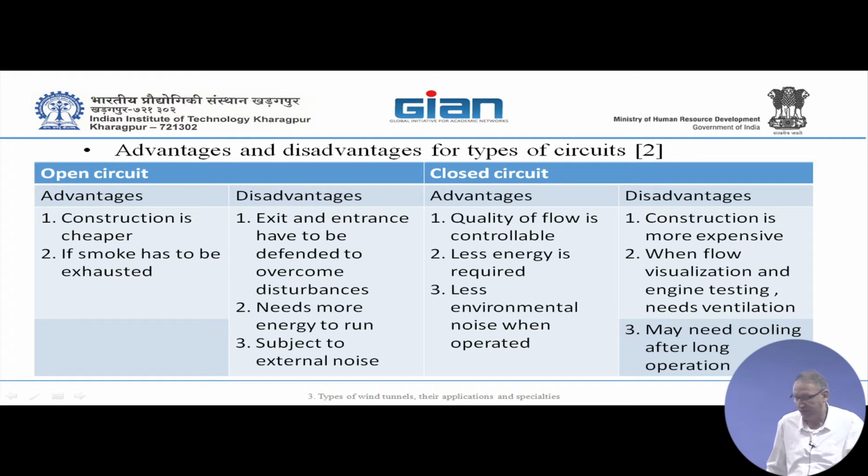I know one of the wind tunnels in Bangalore, the entrance is somewhere outside, and every wind can affect it, because a wind of 1 meter per second or 4 meters per second, when it's sucked in, gives you a component perpendicular to the mainstream. It's bad. So you would prefer to have your air sucked from a quiet environment.